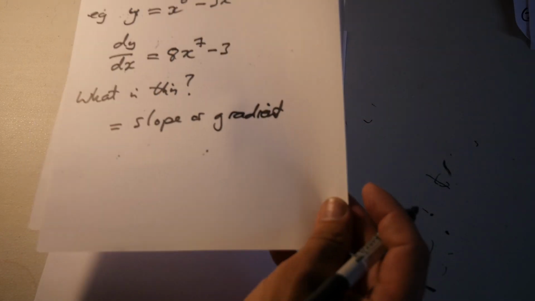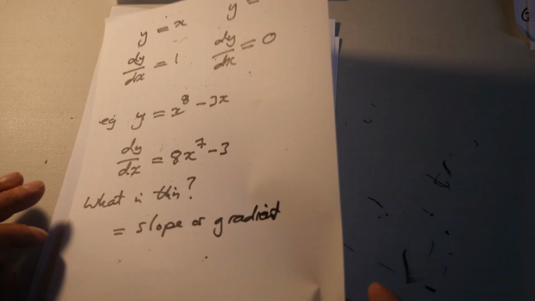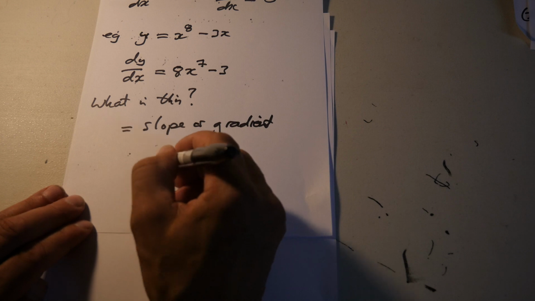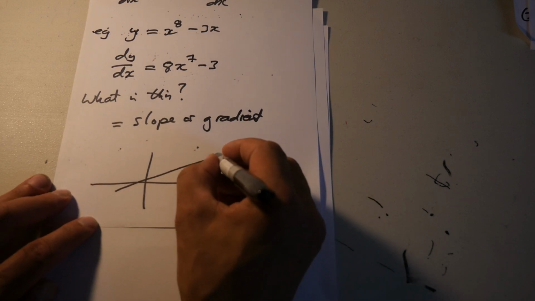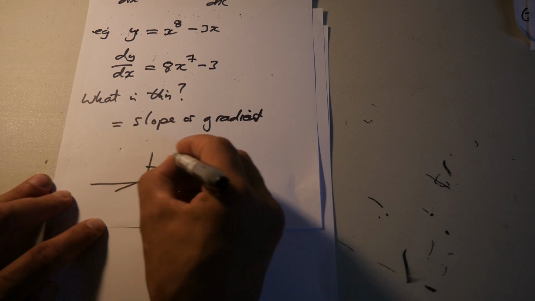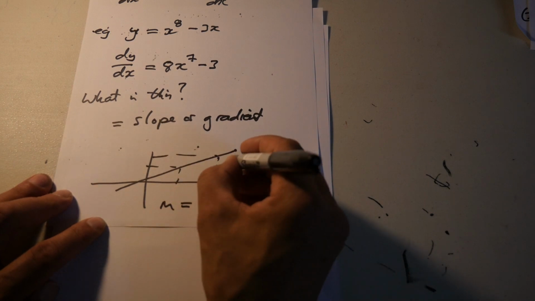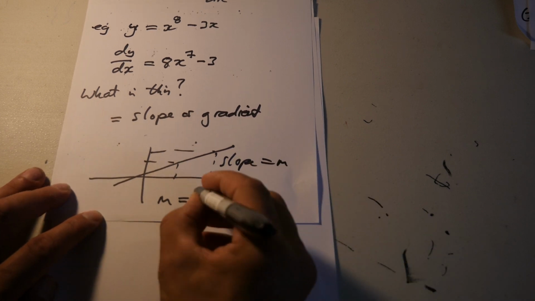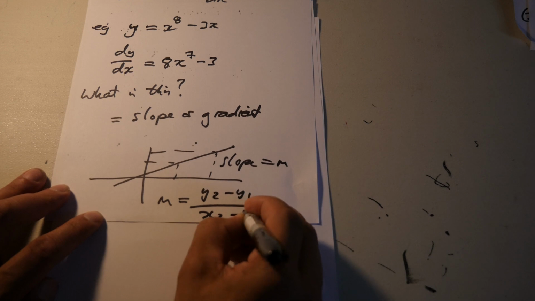Other videos I've seen don't elaborate on this, which I think is bad. If you have a simple equation in a straight line, the slope m is normally y2 minus y1 divided by x2 minus x1.